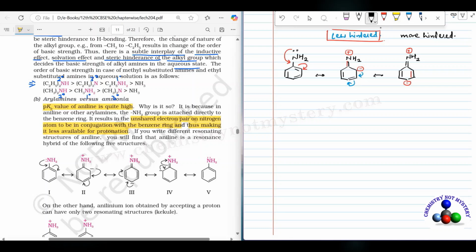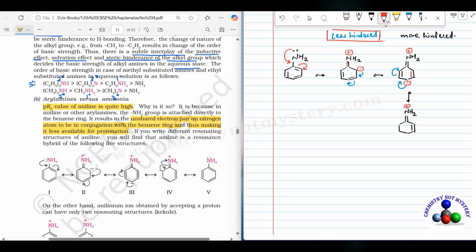Now you will get another resonating structure in which this negative charge moves between these two carbons and the pi bond moves to the next carbon. So here you will get, this is benzene. These double bonds remain as they are, NH2, and nitrogen has positive charge.